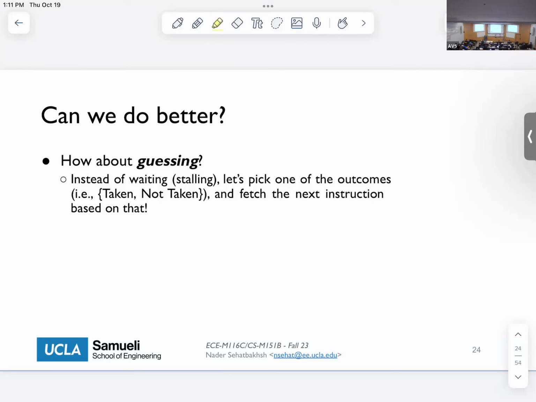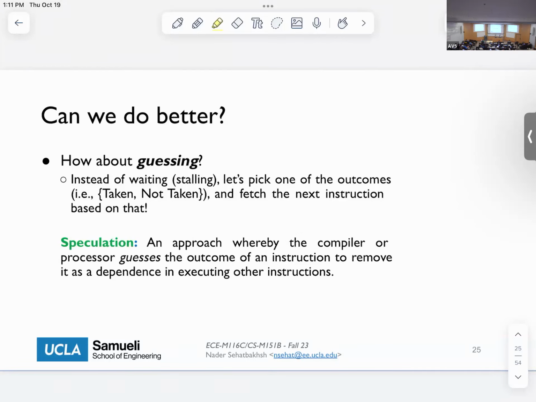So we pick not taken all the time, and we continue fetching instructions, okay? So what will happen if we do that? First of all, this approach is what we call guessing or speculation. And you're going to see this speculation approach a lot in this course as we move forward in the rest of the topics that we're going to talk about.